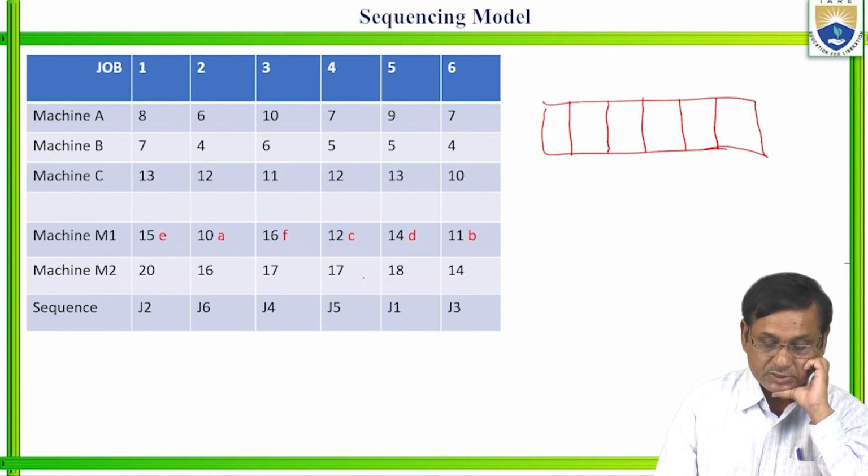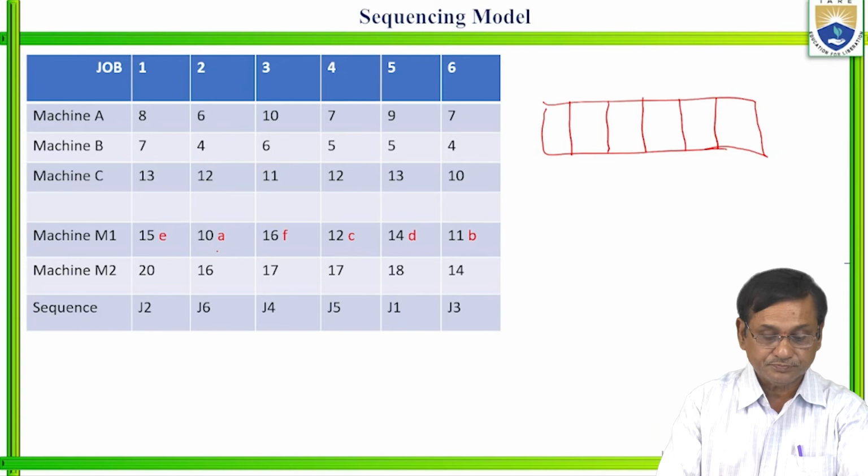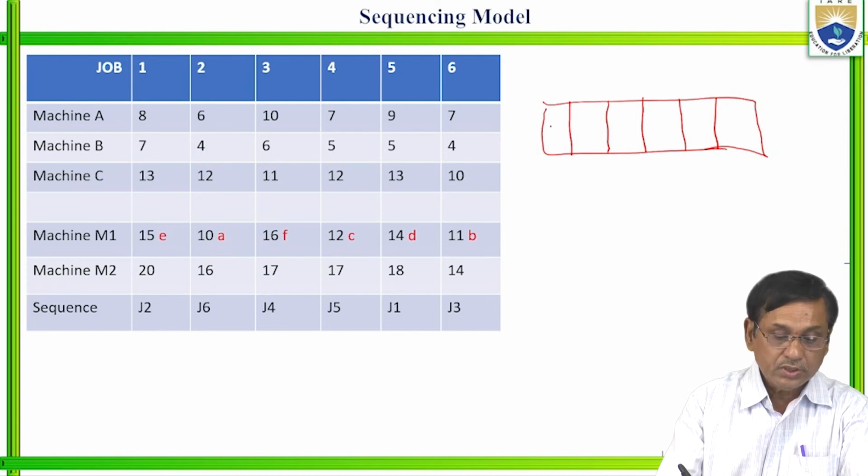The least processing time, corresponding to machine 1, is 10. So take machine 1 first, that is job 2. We select job 2 first because this is the least processing time.